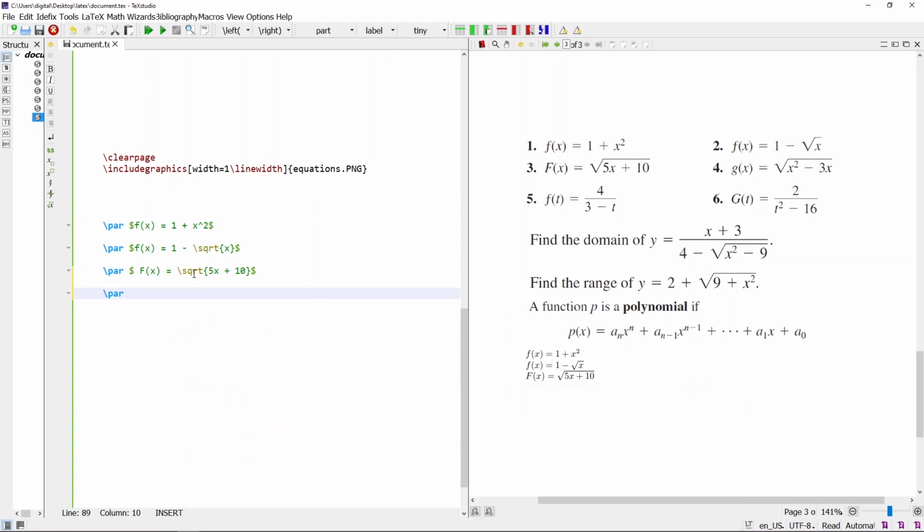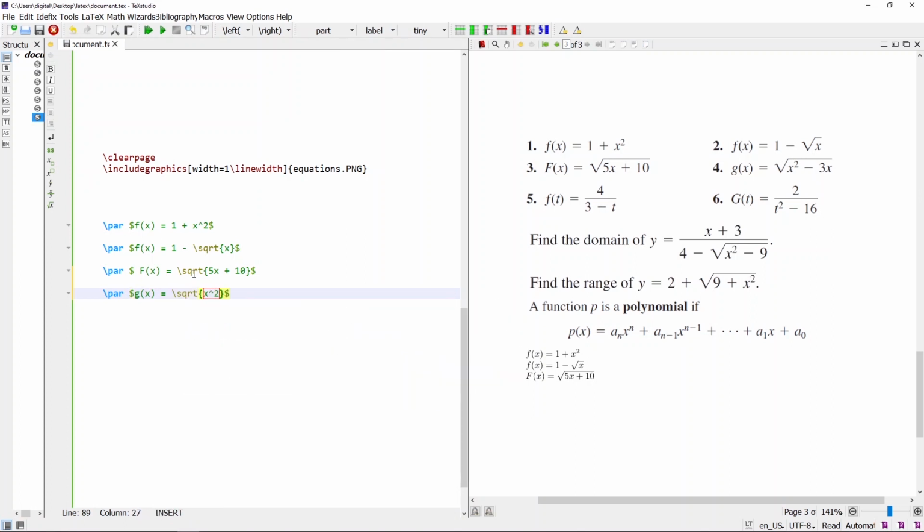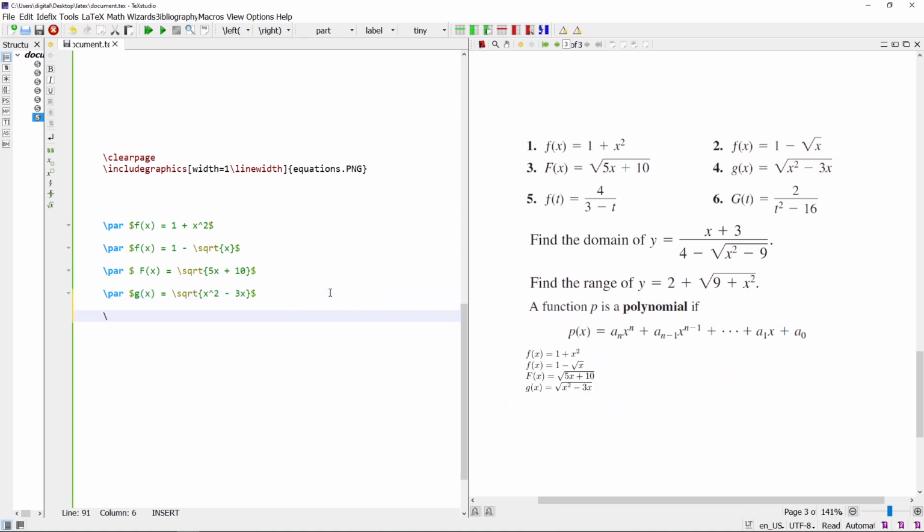Write the fourth equation, g of x is equal to square root of x to the power 2 minus 3x. The fourth equation is coming here. Write the fifth equation, f of t is equal to fraction.